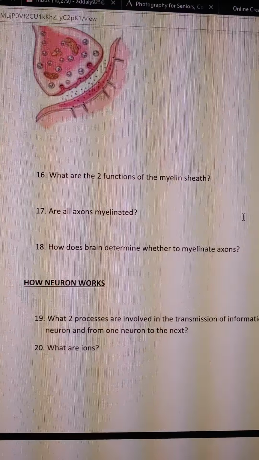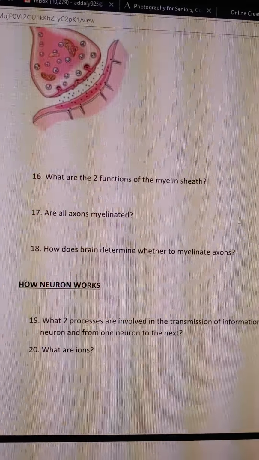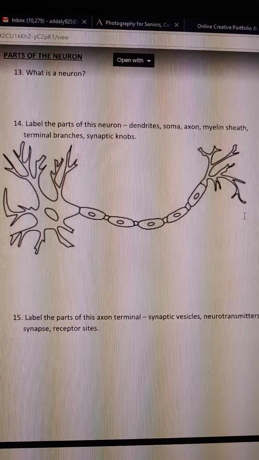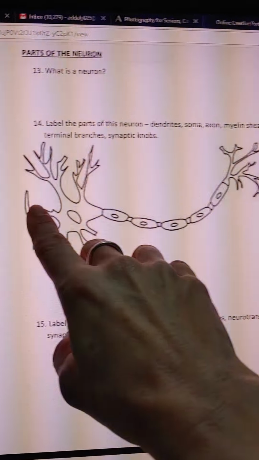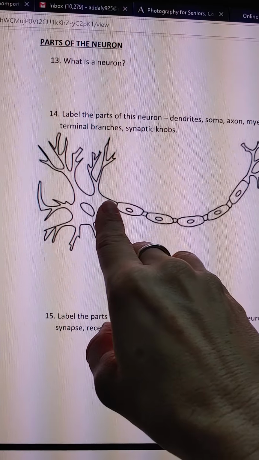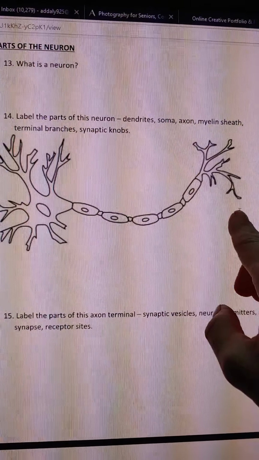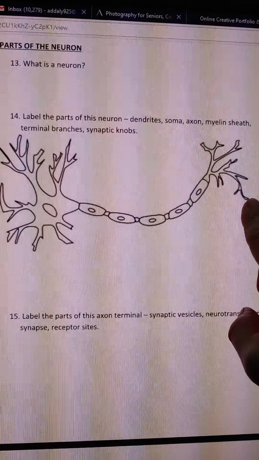What two processes are involved in transmission of information along the neuron from one neuron to the next? All right, let's go back up to the diagram of our neuron, okay? Information comes in the dendrite, passes along the soma, along the axon, and along each branch until it gets to the end, the synaptic knob, okay?